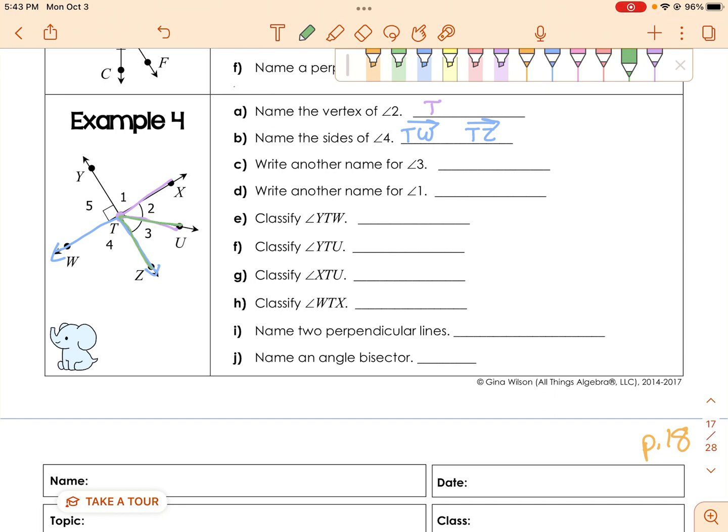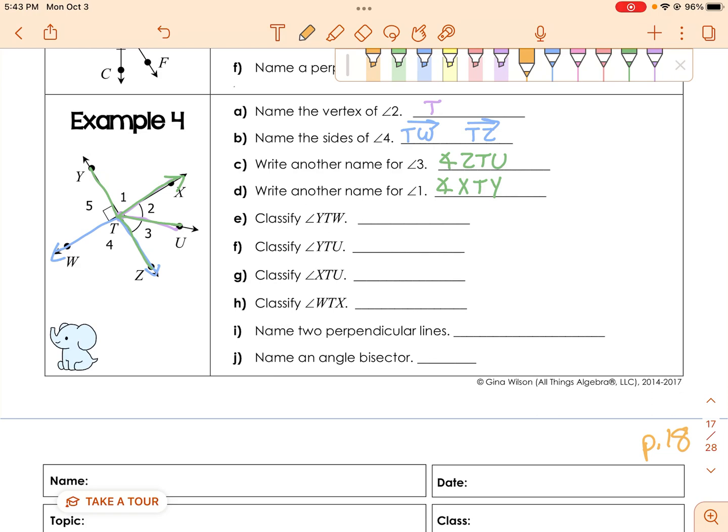Another name for angle 3: you could call it ZTU or UTZ, either way, as long as T is in the middle. Similar for angle 1, we'll call it YTX or XTY, as long as T is in the middle. Let's do XTY.